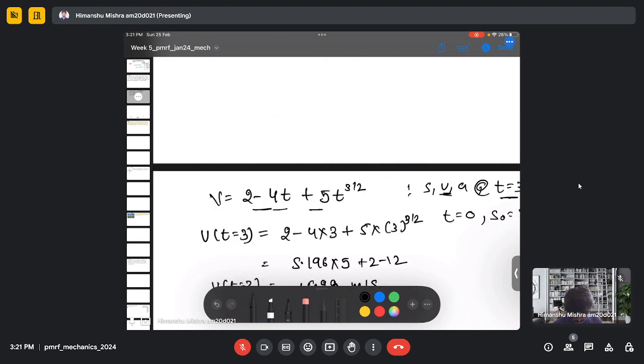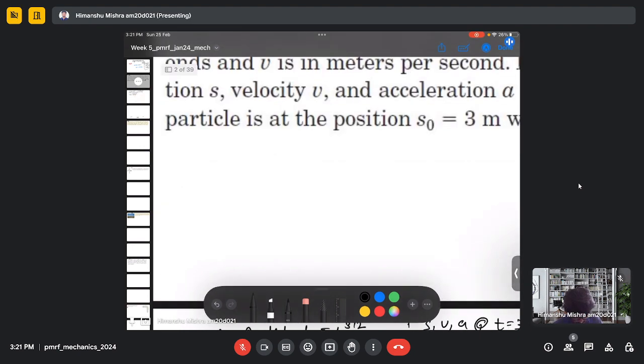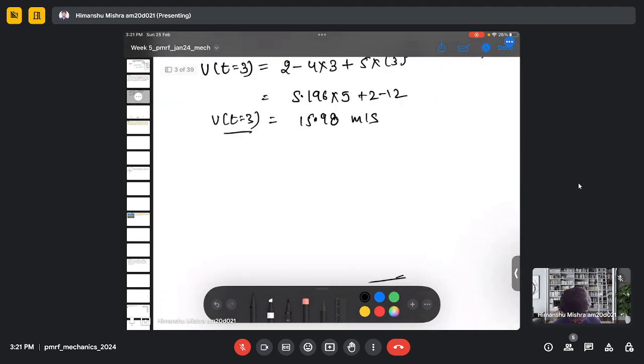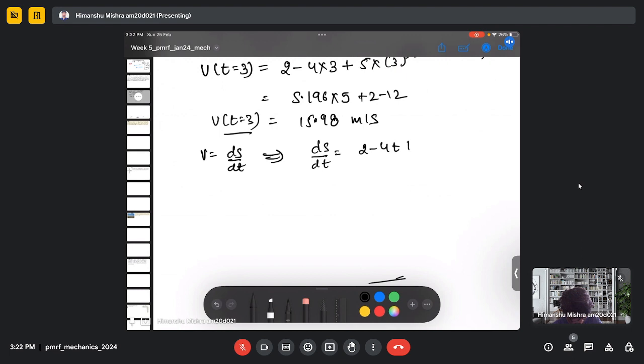Now, in order to find the position s, we can integrate the above expression v equals ds by dt. So we will have ds by dt equals 2 minus 40 plus 5t to the power 3 by 2.